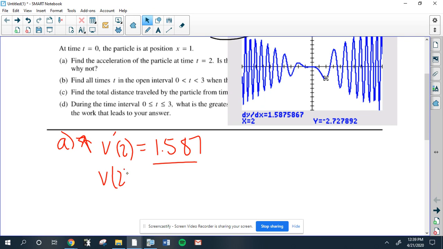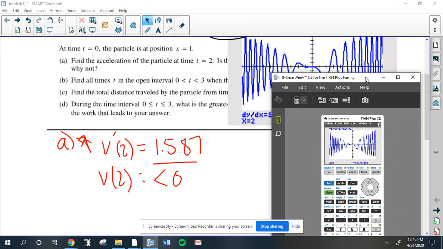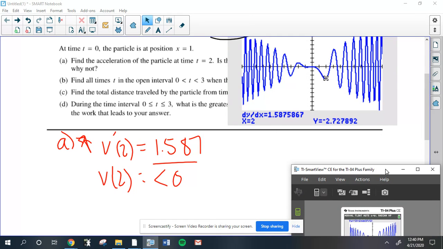V of 2, you can see that it's negative by the graph, because that's the graph of v. I can say it is less than 0, or maybe just write down the actual value. You just go second calc value at 2. So negative 2.7. Since they're different signs, the speed is decreasing.